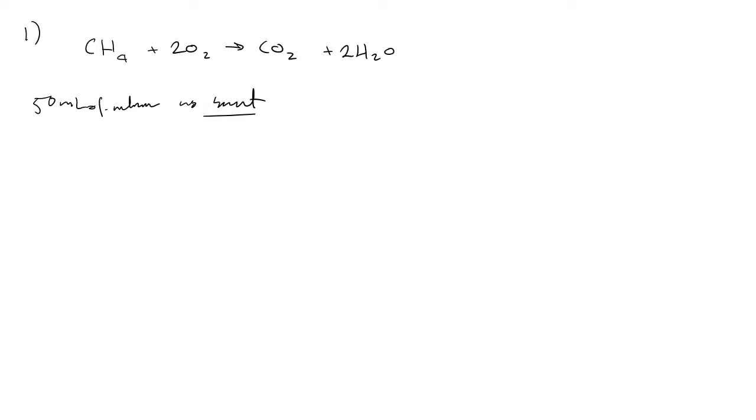So if we had a question where methane plus oxygen gas produces CO2, carbon dioxide, plus H2O, water molecules. Let's say 50 milliliters of methane was burnt, and we need to calculate the volume of oxygen gas required for the complete combustion of the methane under constant pressure and temperature. The ratio between methane and oxygen is 1 to 2.